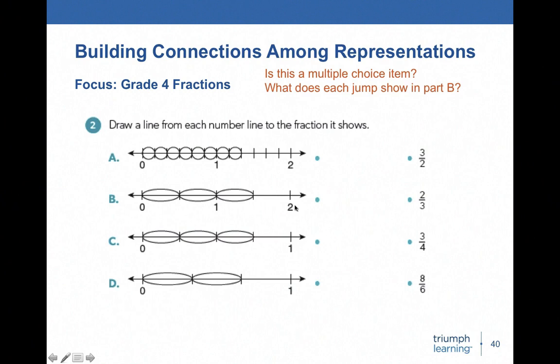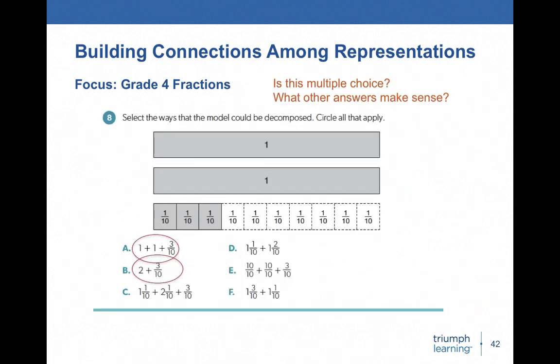If a student isn't looking carefully and they see one end of the number line and the other end of the number line and 3/4 of the intervals, they might make the connection between item B and 3/4. Whereas what we want is for them to observe that it's 3 of the 4 jumps between 0 and 1 that represents 3/4.